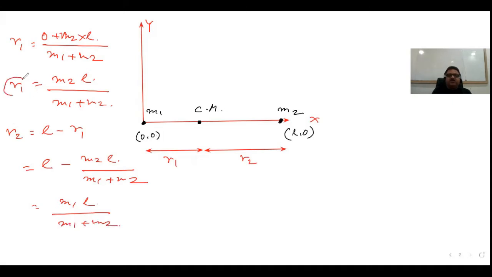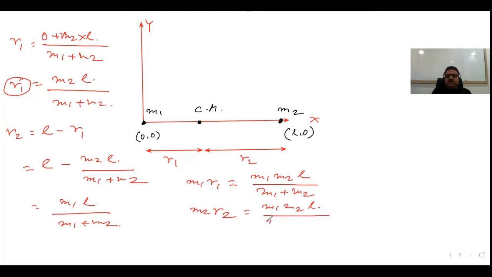Now if I calculate m1r1, what will it be? m1m2L divided by m1 plus m2. And m2 into r2 is m1m2 into L divided by m1 plus m2. So we can say this is equal to this.